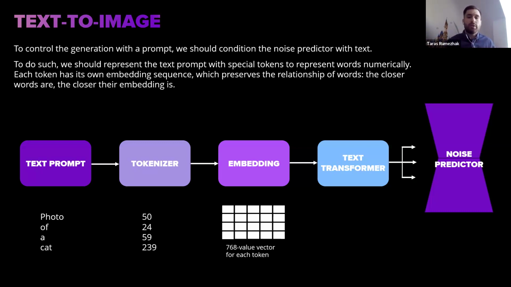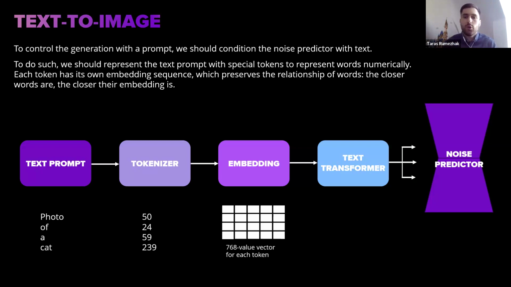For example, if you entered just the word cat, or if you describe a whole story about the cat with 1,000 words, the embedding will be a unified vector in Stable Diffusion architecture. It will have 768 values in order to then be processed by the text transformer.